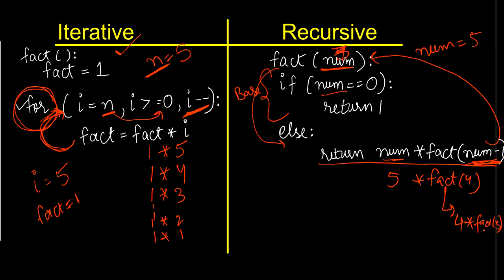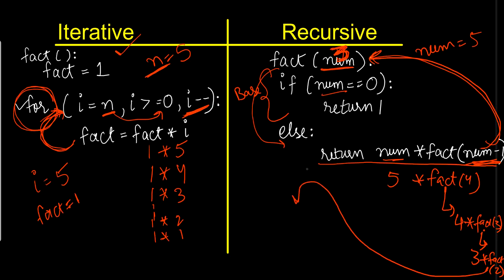Similarly, it will call itself where num changes to 3. So 3 into fact of 3 minus 1, which is 2. Now instead of 3, we will have num as 2 as it is calling the same function. So here 2 into fact of 2 minus 1 will be 1.